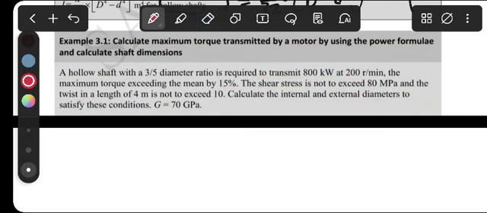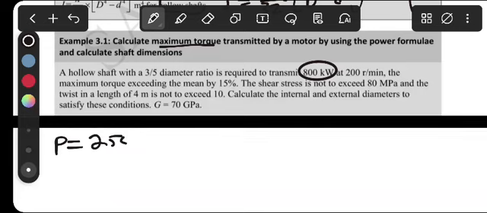So this is what we have. Alright, we want the torque, so we should calculate the torque. We are given the power here. So by the way, power is equal to 2 pi N T mean divided by 60.